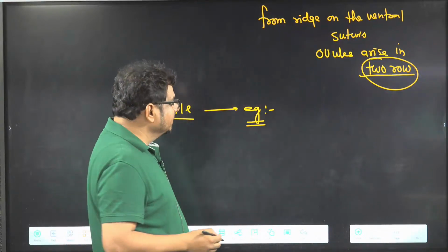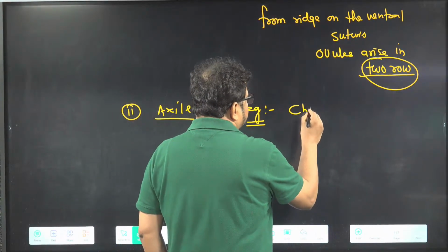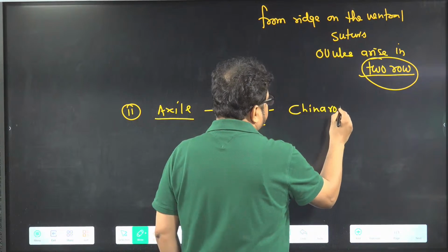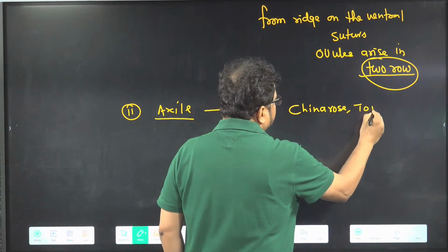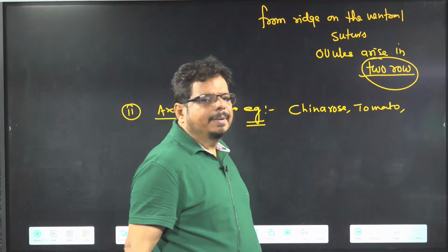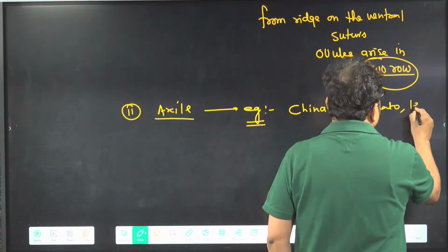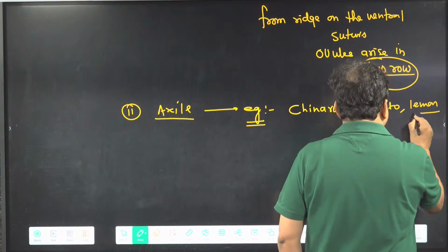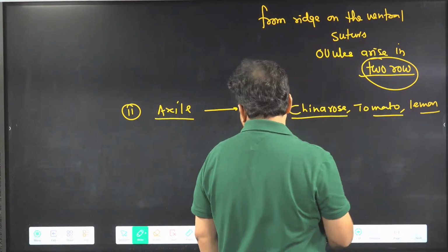Well done. So what are the examples? China rose, tomato, and another example is which one? Lemon. Very good.